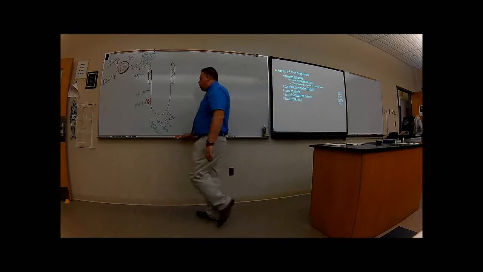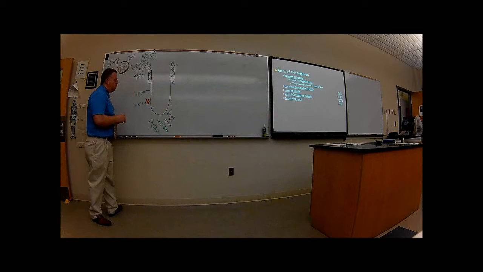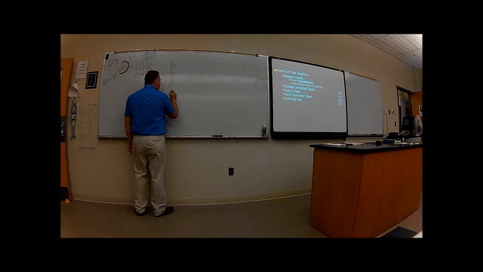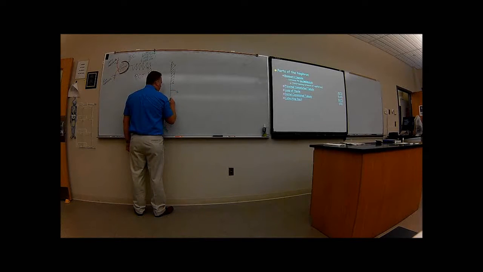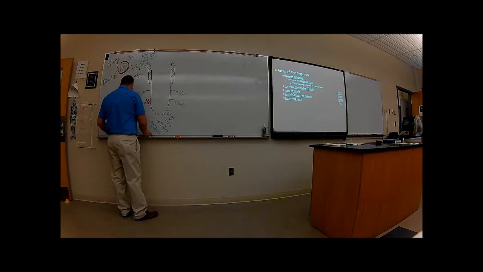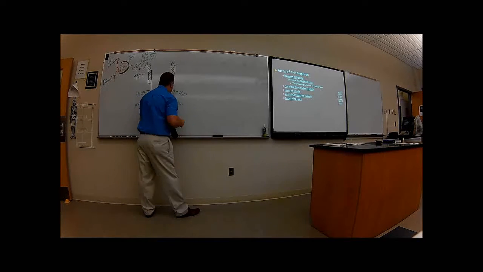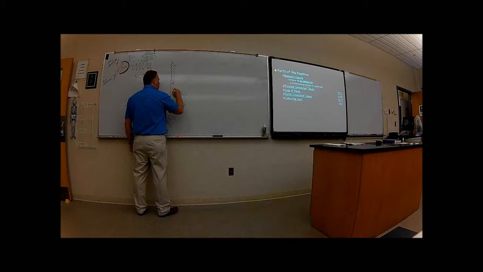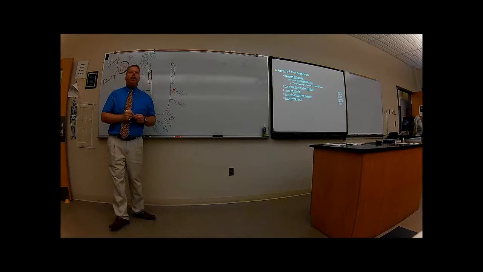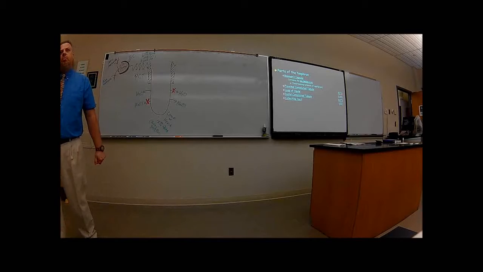Now, going up the loop of Henle, we still have water in there, and we still have all the electrolytes. But there's a difference now going up. As it ascends up, it's impermeable to water, but the sodium and chloride do get reabsorbed.